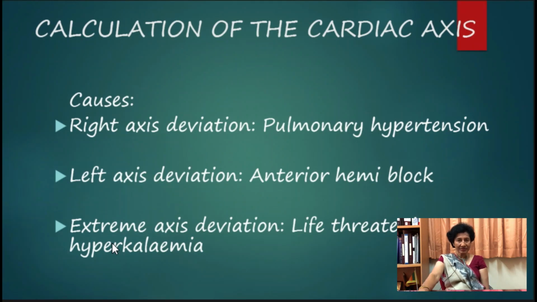If I summarize the calculation of cardiac axis, first step, analyze the QRS polarity in lead 2. If QRS polarity in lead 2 is positive, it could be either normal axis or right axis deviation. Next, analyze QRS polarities in lead 1 and lead 3 or aVF depending on your preference.